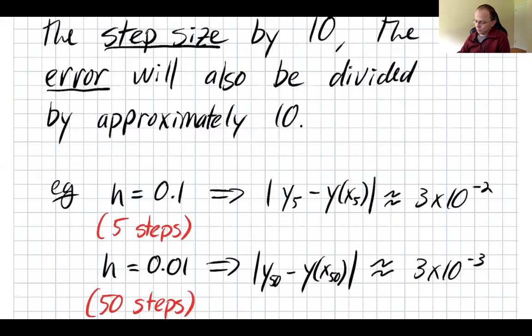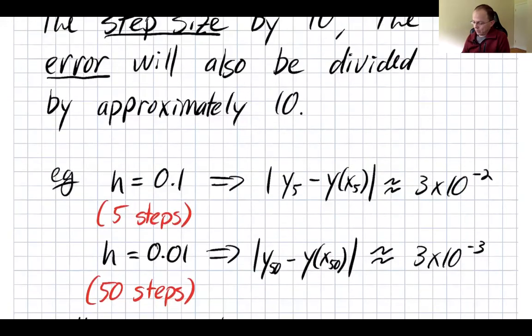As we saw in our example last time, we were using h equals 0.1, and we were going from 0 up to 0.5. And we saw that our final approximation error when x5 was equal to 0.5 was about 3 times 10 to the minus 2.